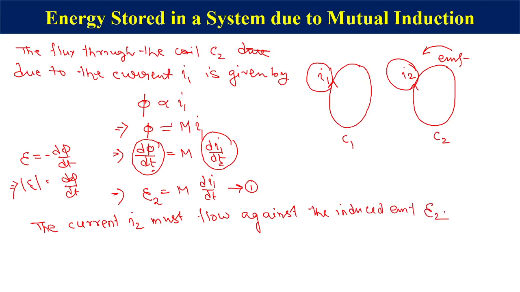So this EMF E2 will allow an induced current to flow in the coil C2, and C2 already has an original current, that is I2, flowing through it. So this current I2 must flow against the current which is being supplied by the induced EMF epsilon 2. So that is the reason why.